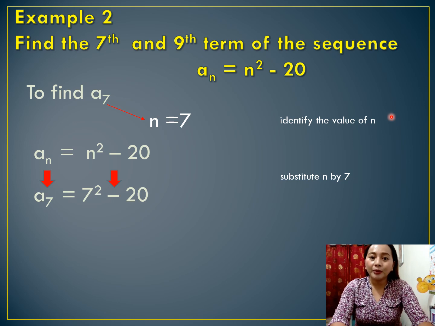And following PEMDAS, simplify. The first thing that you are going to simplify is the 7 squared, and that becomes 49 minus 20. And that leads to the seventh term, which is 29.